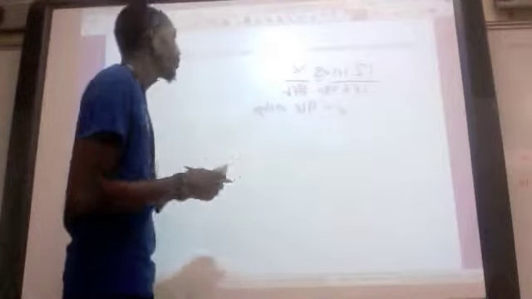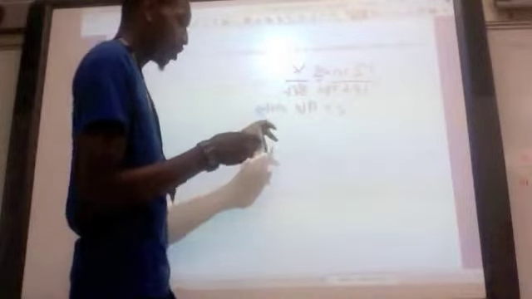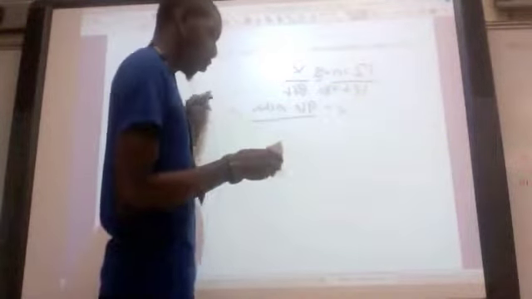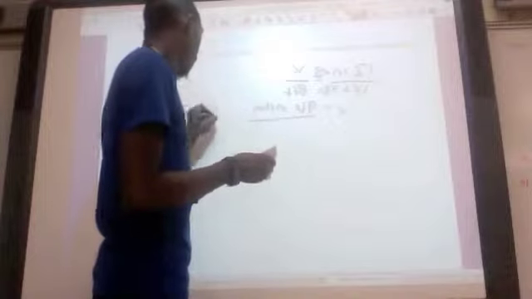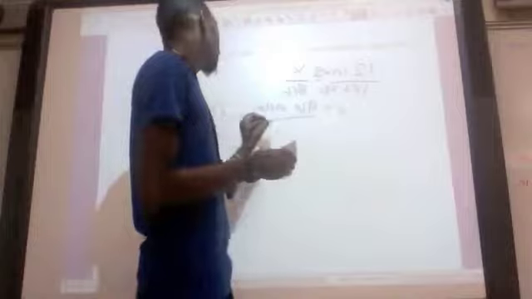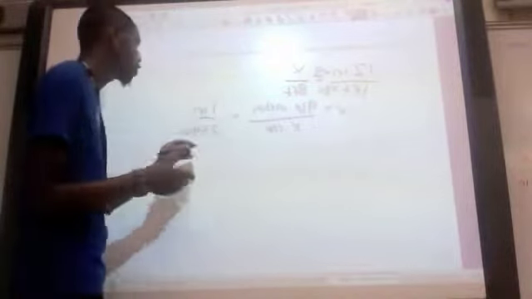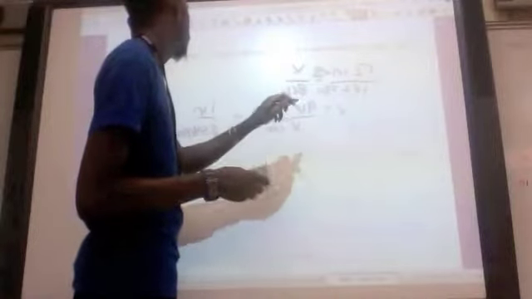So now that we have it in inches, we can go ahead and multiply. If 1 inch equals 2.54 centimeters, we need to find out how much 96 inches equals. So we're simply going to cross multiply and divide.